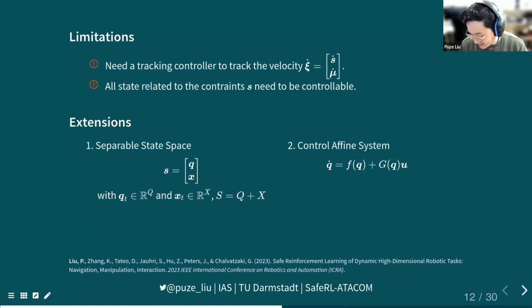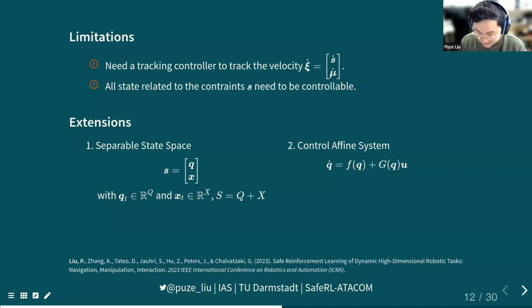Well, I think this is actually one advantage. We actually compared not with the reachability analysis approach, but with some safe exploration approach, like, what's the name, this safety layer.